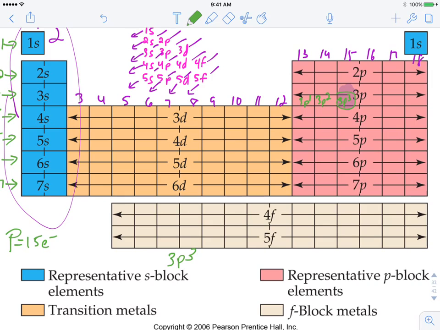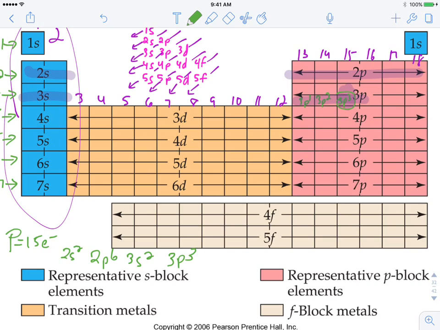Now I can backtrack. Before 3p3 came 3s, so 3s2. Before 3s2 came 2p6, so I put 2p6. Before 2p came 2s, so 2s2.